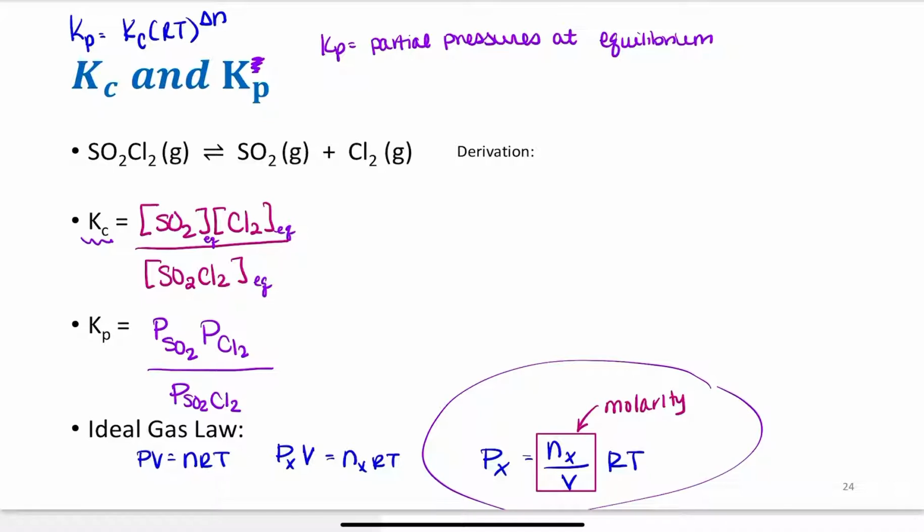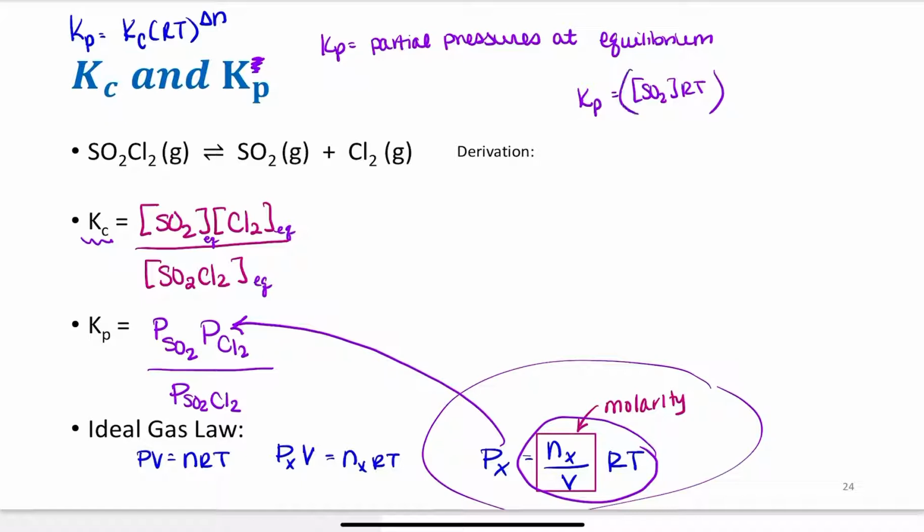I'm going to substitute this portion into this equation for P sub X. So let me go ahead and write that up here. Kp is equal to the concentration of SO2 times RT times the concentration of Cl2 times RT divided by the concentration of SO2Cl2 times RT.